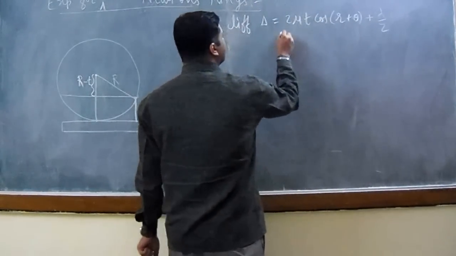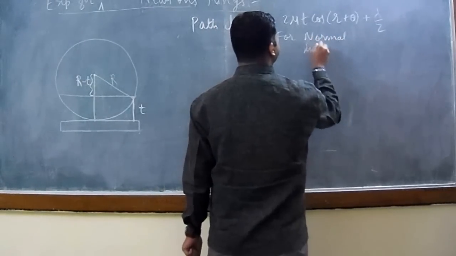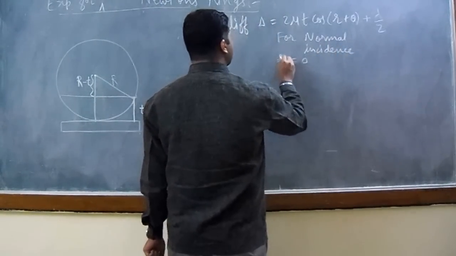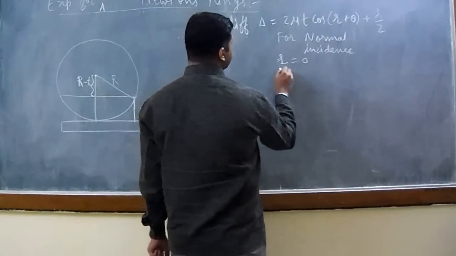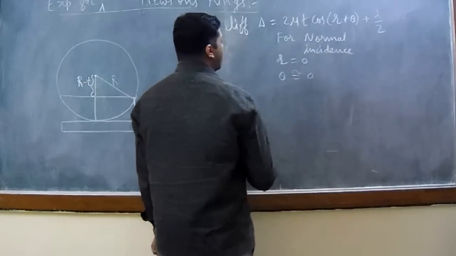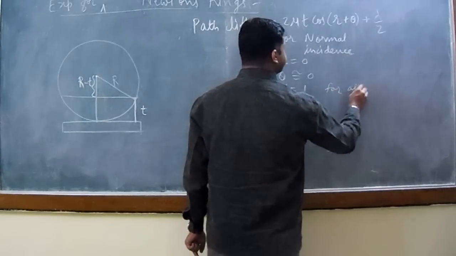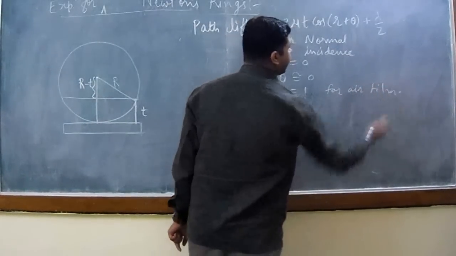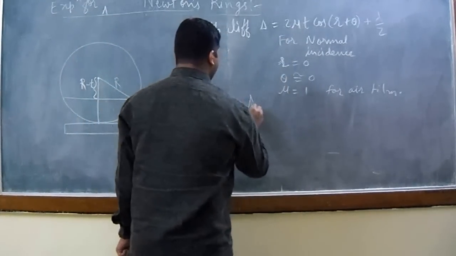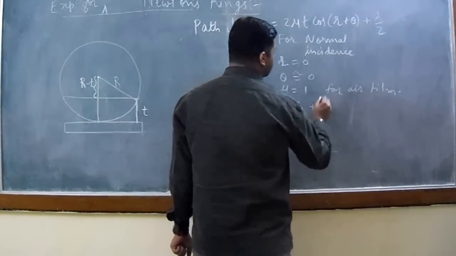Then you know that for normal incidence the angle of refraction r is 0. Then for a large radius of curvature of the plano-convex lens, theta is nearly 0. And for an air film, mu is equal to 1. So we use these values in this equation and hence we get the path difference as 2t plus lambda by 2.